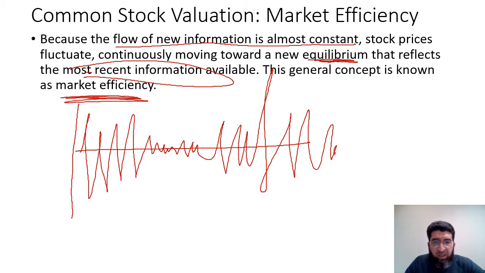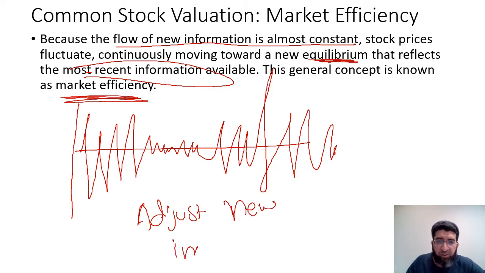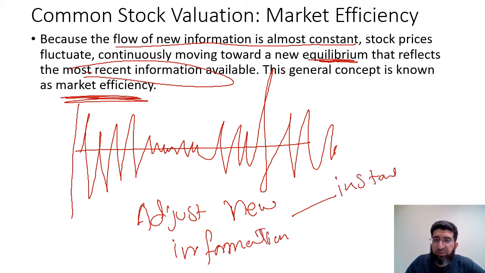This means markets adjust to new information almost immediately or instantaneously. These instantaneous adjustments lead to new equilibriums at a high speed. So markets are assumed to be highly efficient.